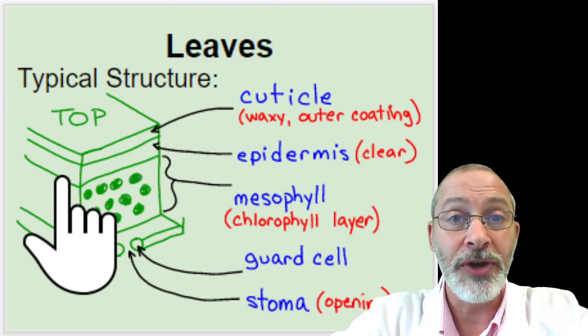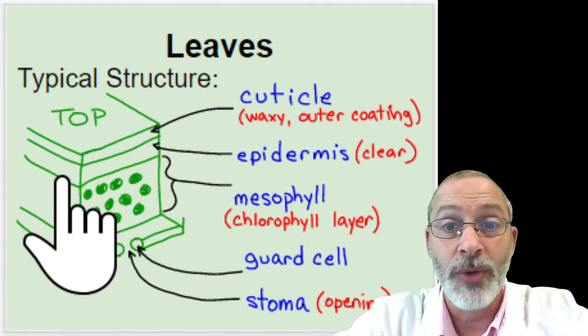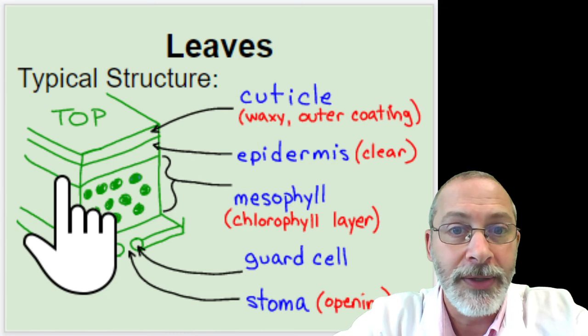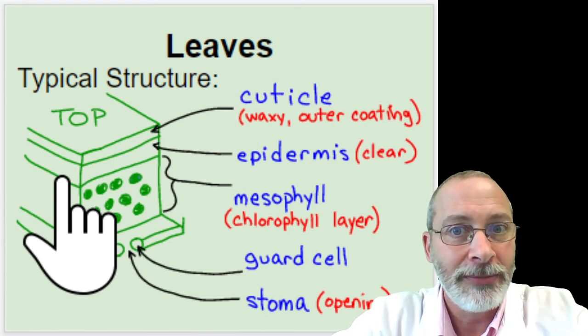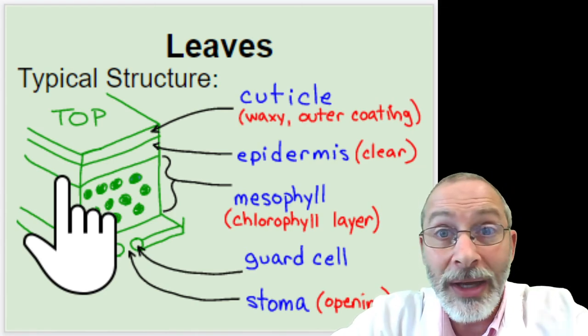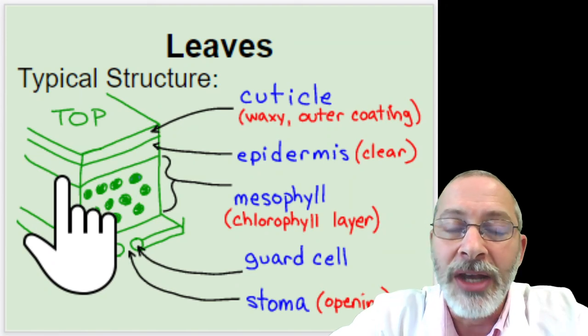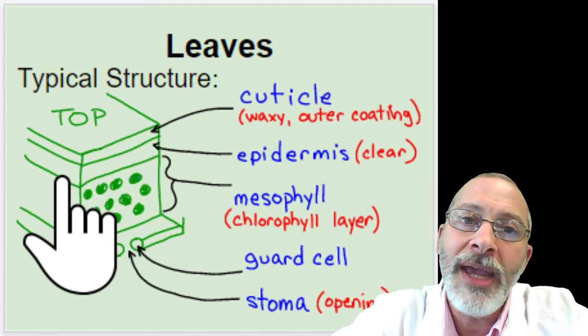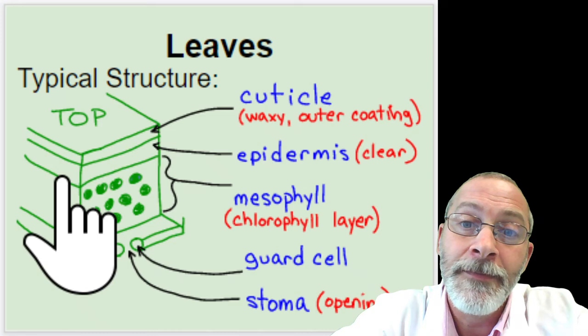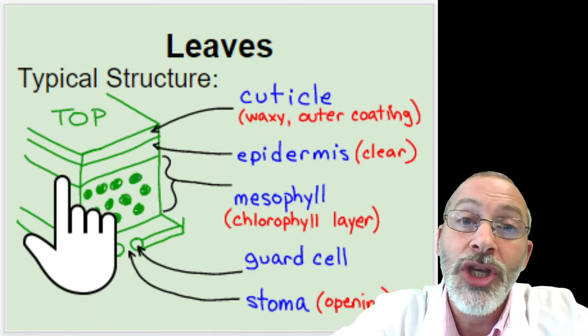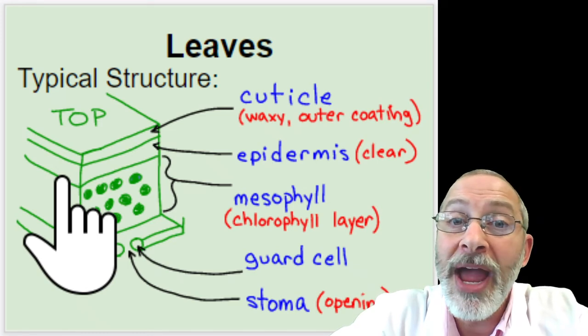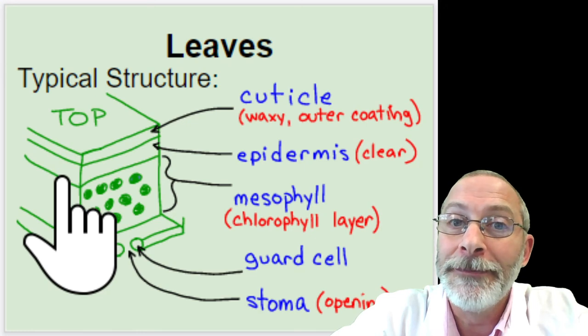Now, the epidermis is clear or transparent. Now, think about what leaves do. Can you tell me, why do you think it would be important for the epidermis to be transparent or clear?